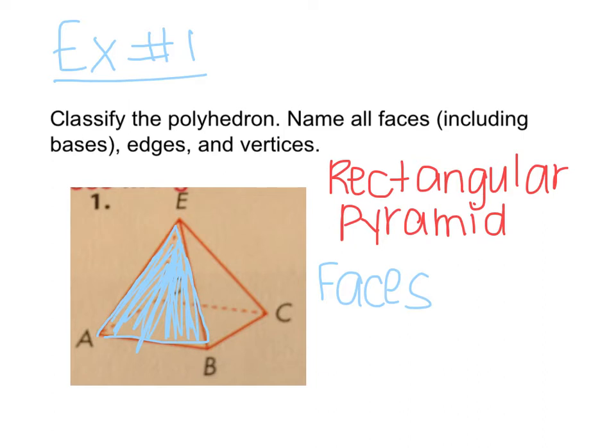So all we do is just name it by the 3 points. It starts at point A, goes up to point E, and back to point B. So we draw the shape right in front of it like a little triangle, and we write A, B, E.